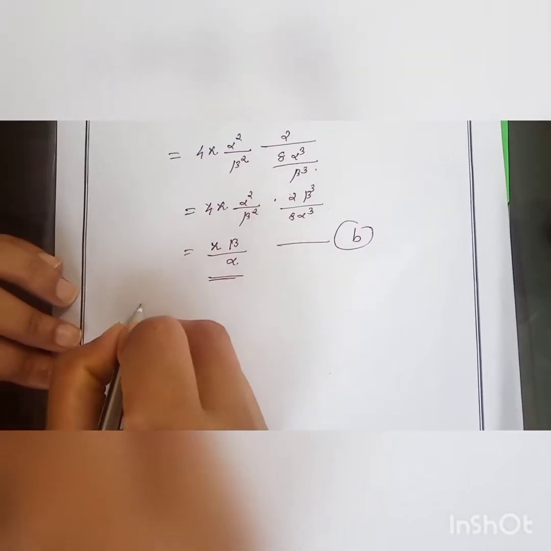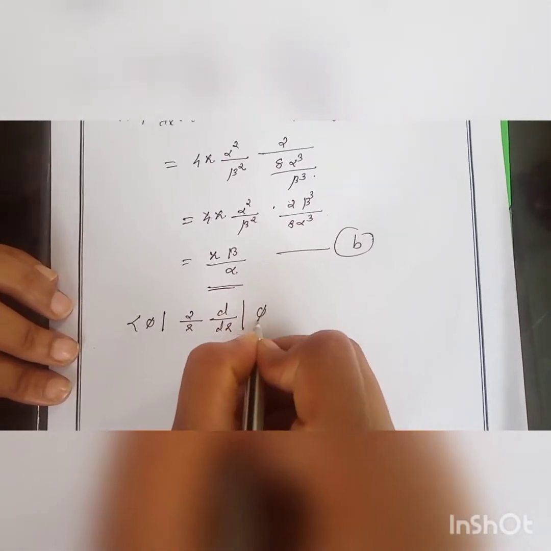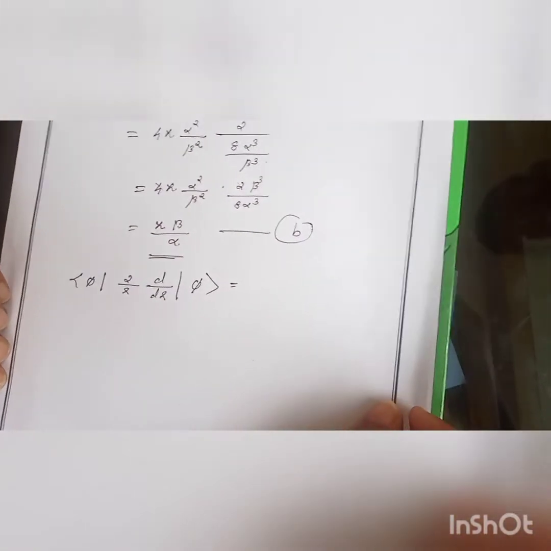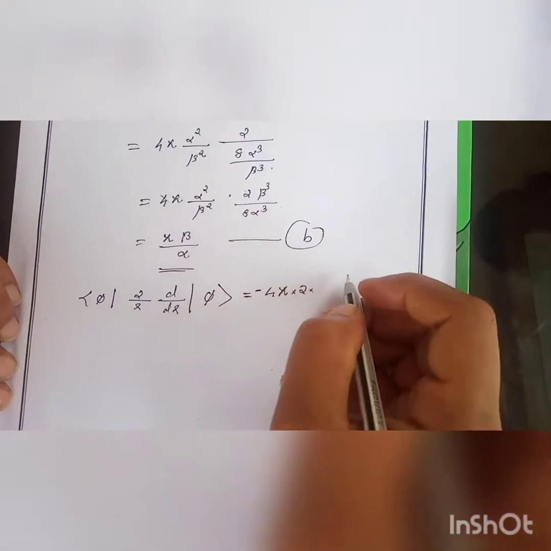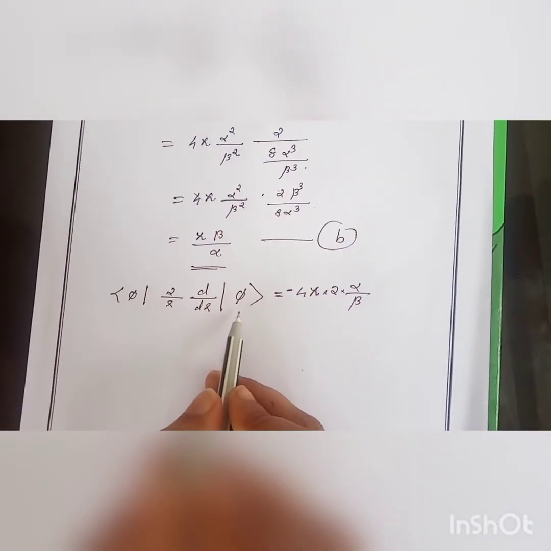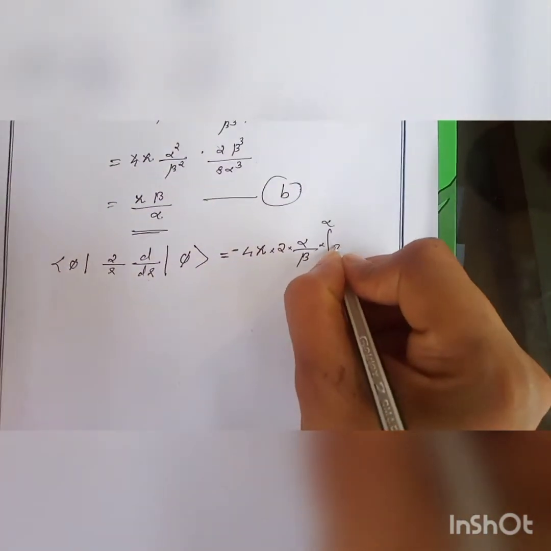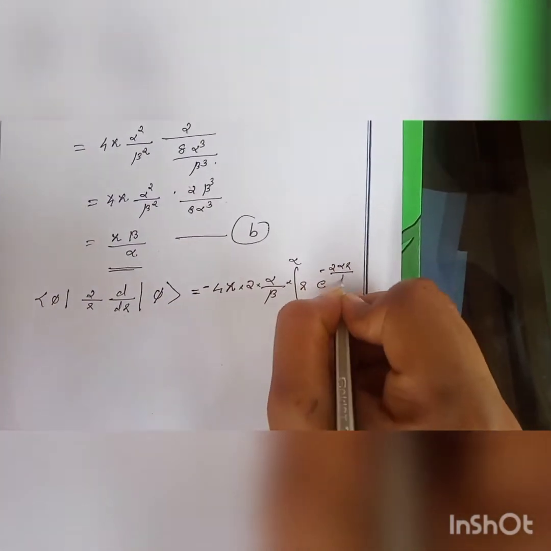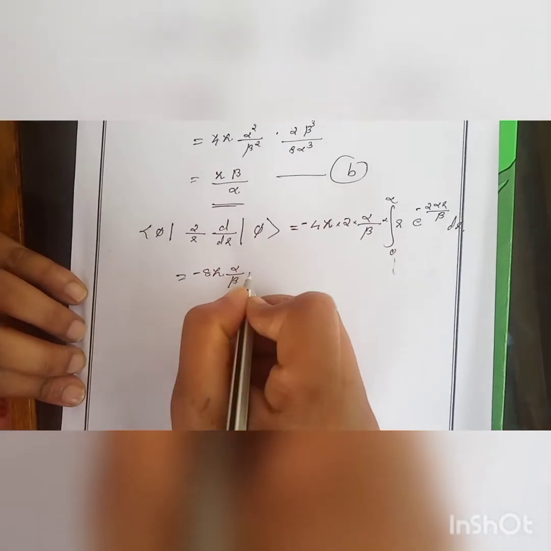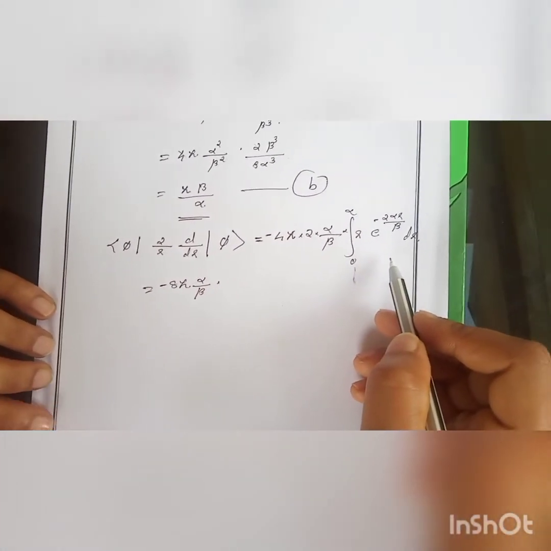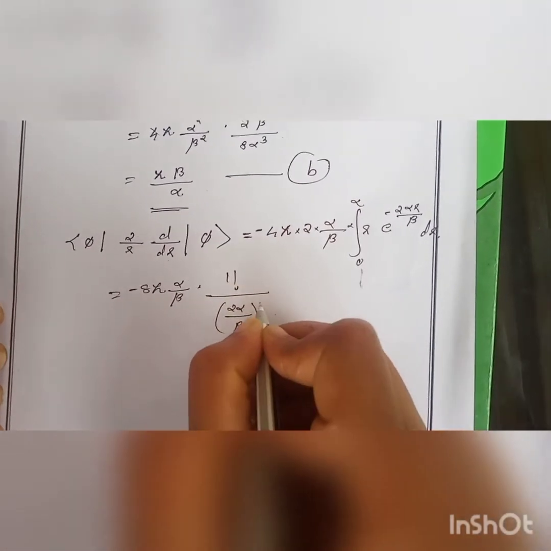Then the next term is bra phi, 2 by r d by dr of ket phi, which is equal to negative sign into 4 pi into multiplied with that 2 into alpha by beta, and here we differentiate phi with respect to r, then we get the constant alpha by beta, into integral 0 to infinity r e raised to minus 2 alpha r by beta dr. That is equal to minus 8 pi alpha by beta; here also it is in the form of a standard integral, and here n is equal to 1, that is 1 factorial divided by (2 alpha by beta) the whole raised to 1 plus 1.